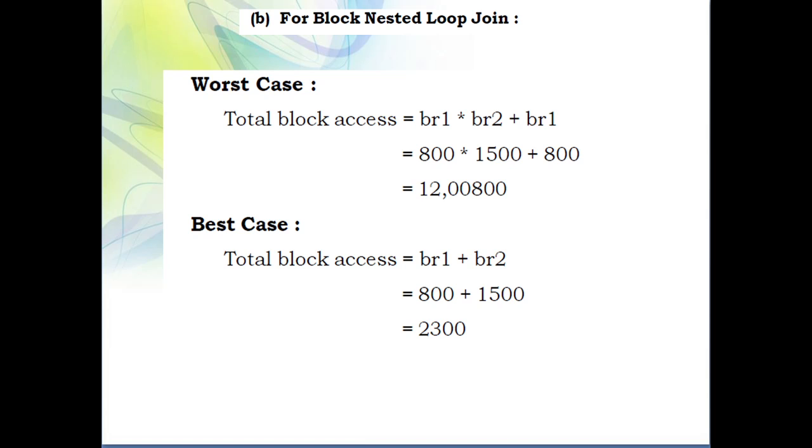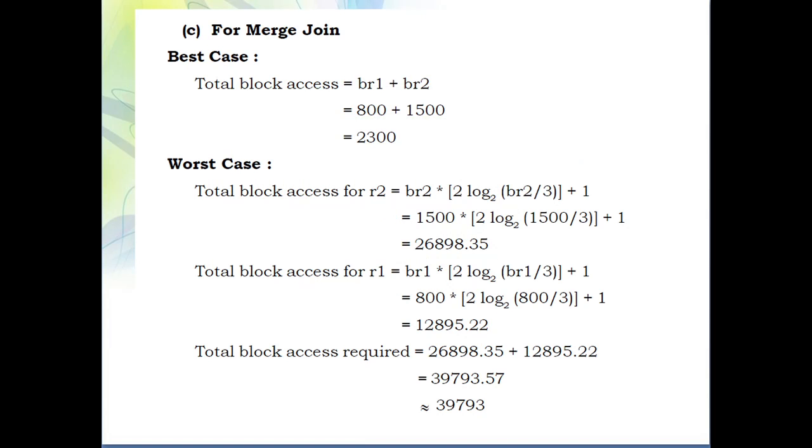Now next we are going to calculate the number of block accesses required in case of merge join. The third type of join operation is merge join. In case of merge join, again the formula for the best case is the same, br1 plus br2, which equals 2300.